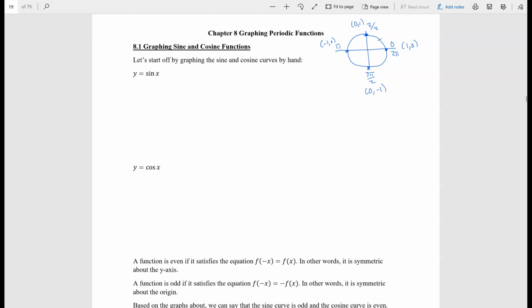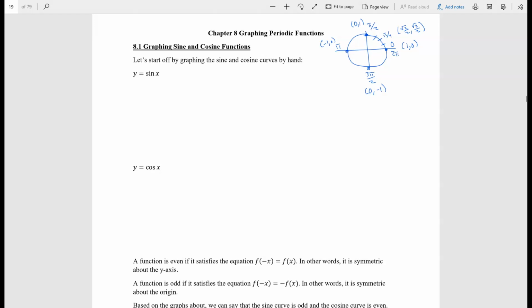So if I were to choose the angle pi over 4, you can see that the numbers are going to be a little harder to draw. But we do need to keep in the back of our minds that for a particular angle, there are some points. So it's not going to be exactly linear. There's going to be some sort of curvature there.